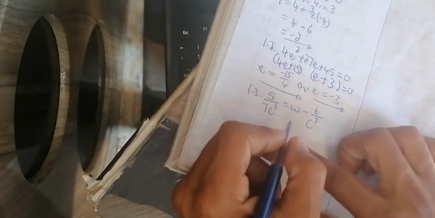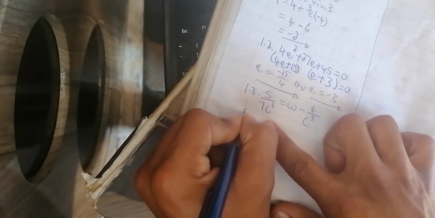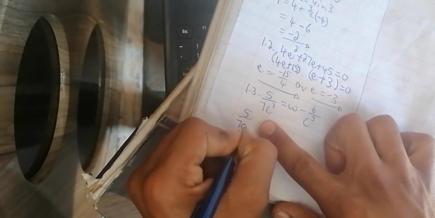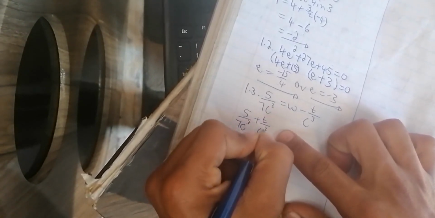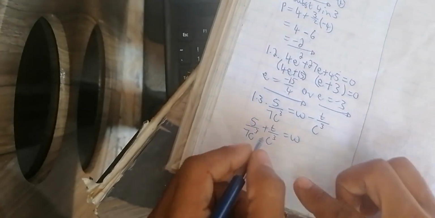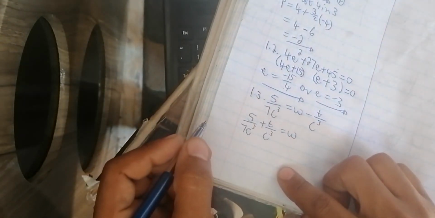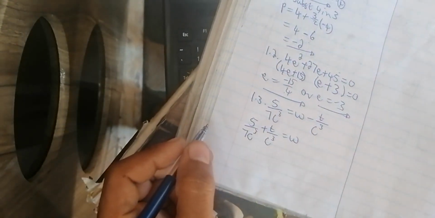We want to make C the subject of the formula. Okay, let's regroup the C's. This is what we would get, and then from here, it's truly our choice what we want to do.